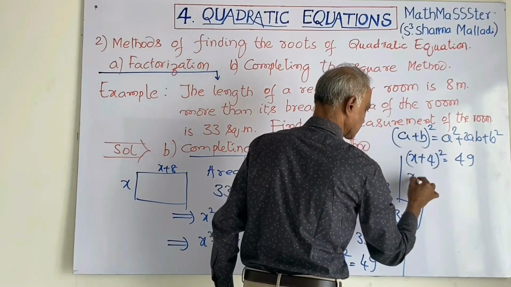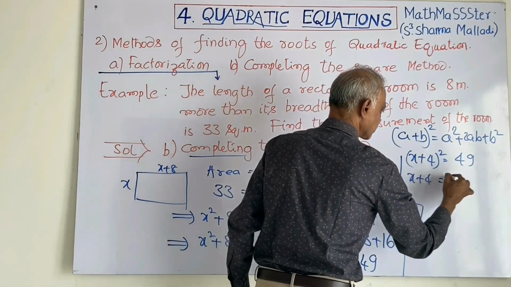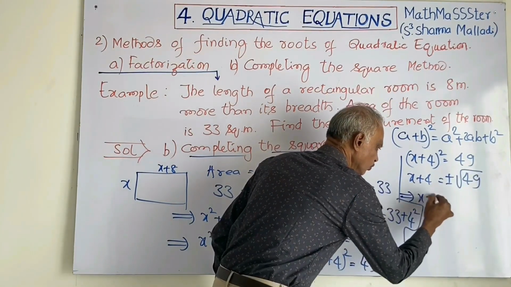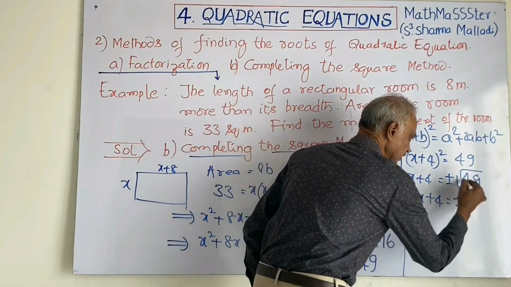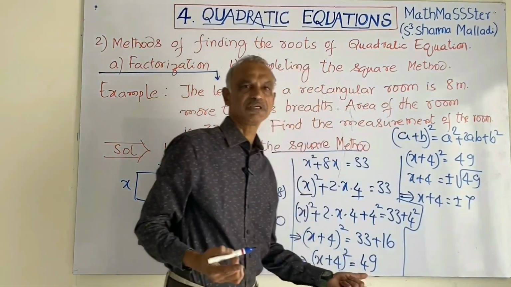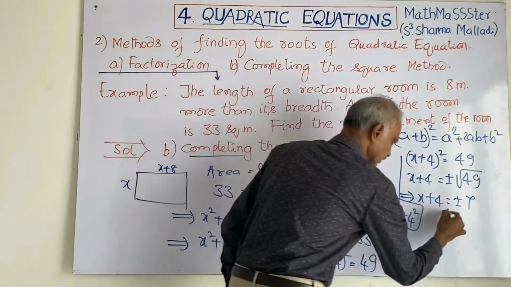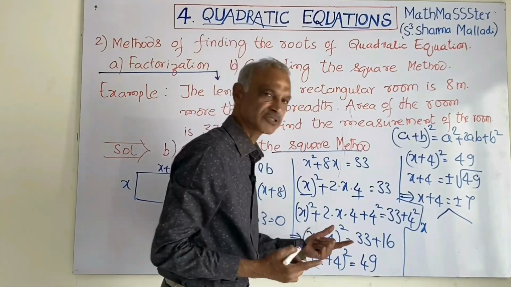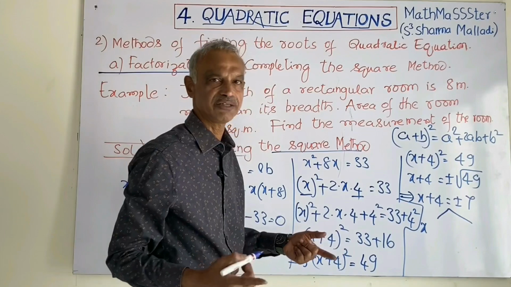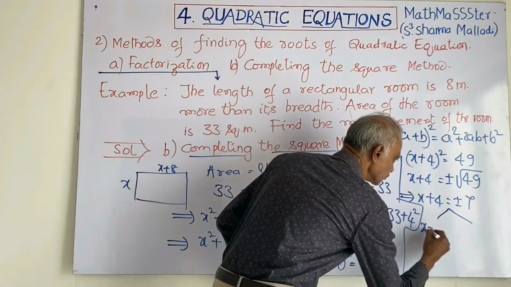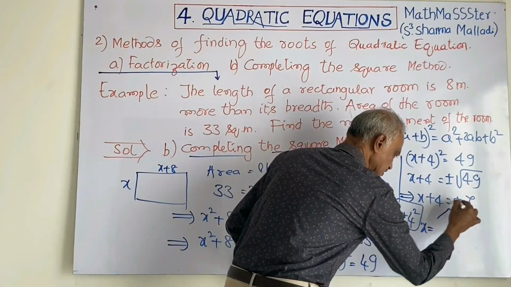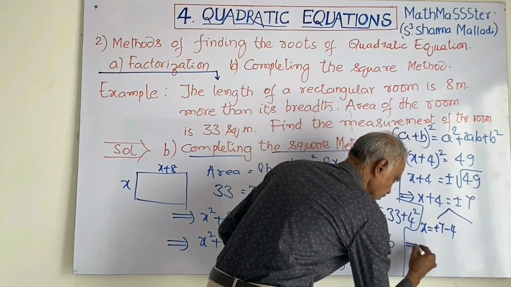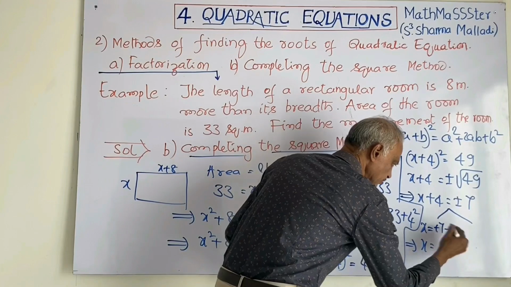See, x plus 4 is equal to plus or minus square root of 49. x plus 4 is equal to plus or minus 7. Root 49 means 7. Now you should get 2 roots, the values of x: x1 and x2, alpha and beta. Take plus 7: x is equal to 7 minus 4, 3.